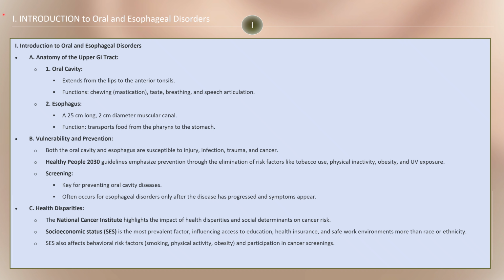Socioeconomic status is the most prevalent factor influencing access to education, health insurance, and safe work environments, more than race or ethnicity. It also affects behavioral risk factors like smoking, physical activity, obesity, and participation in cancer screening.